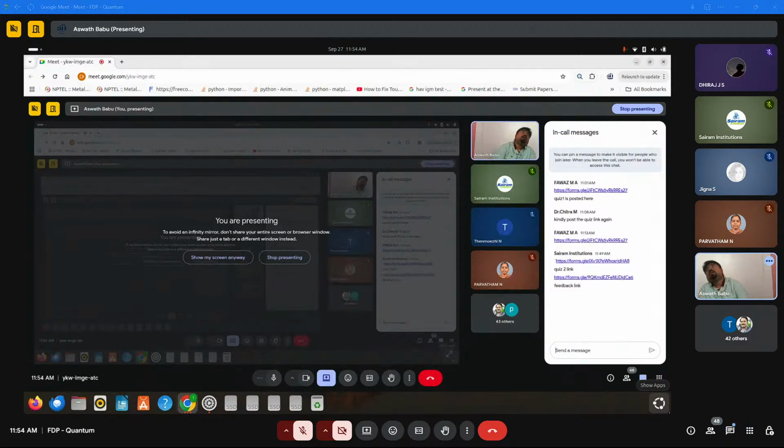We did discuss something on Wednesday and Thursday. On Wednesday, the first day, I did an introduction to quantum computing. And on Thursday, I discussed an introduction to quantum algorithms.